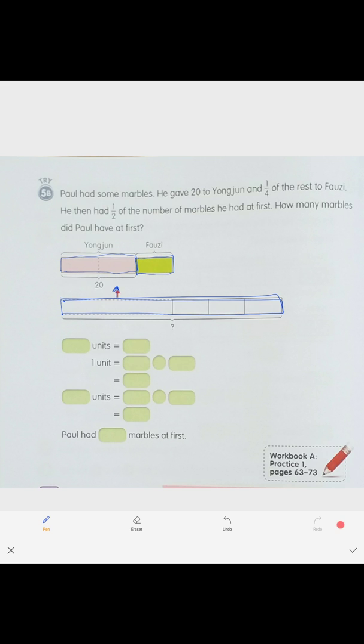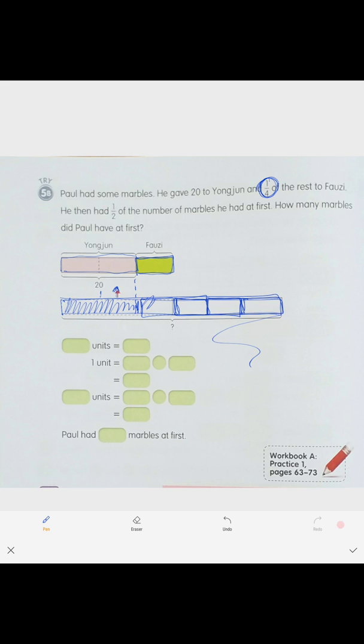And some to Fauzi. And they tell us that this sum is 1/4 of the rest. After he gave away this part to Gwangju, what was left here is 4 units. 1, 2, 3, and 4. Okay?